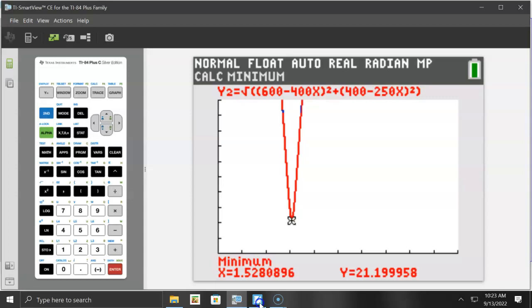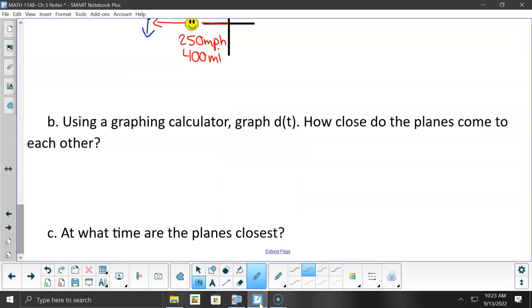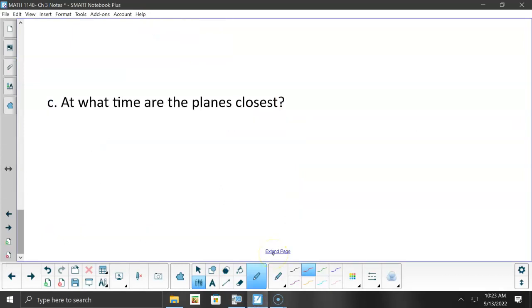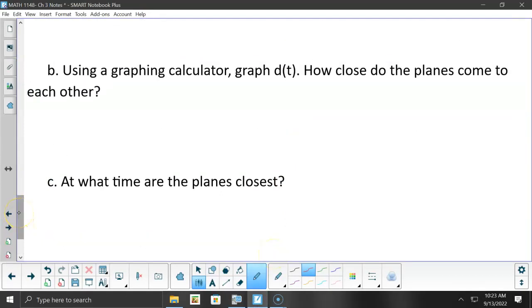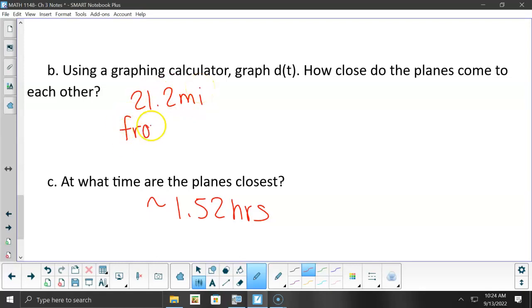The triangle and the circle one was in meters. And this occurs at about an hour and a half. So at what time are they the closest? Approximately 1.52 hours. And they get 21.2 miles from each other.